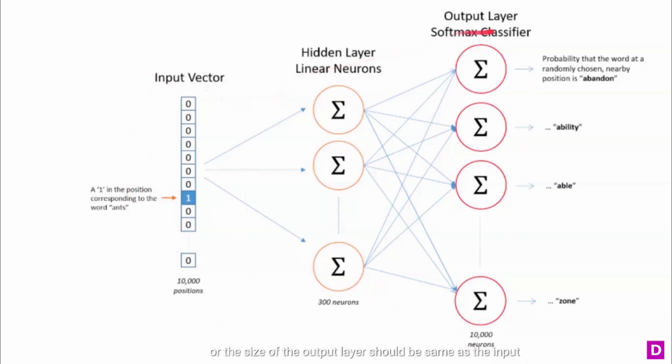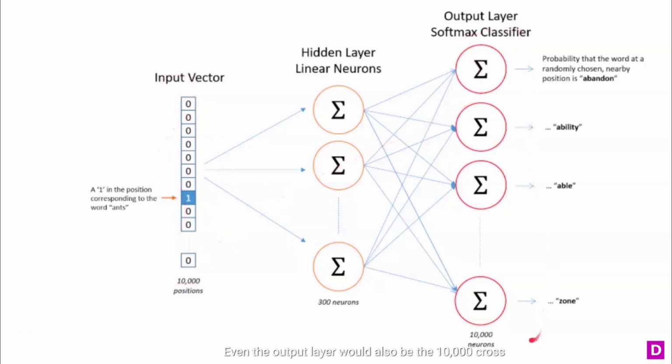The size of the output layer should be the same as the input vector, so it generates the related contextual words or neighboring words for the word ants. So the size would be 10,000 by 10,000.